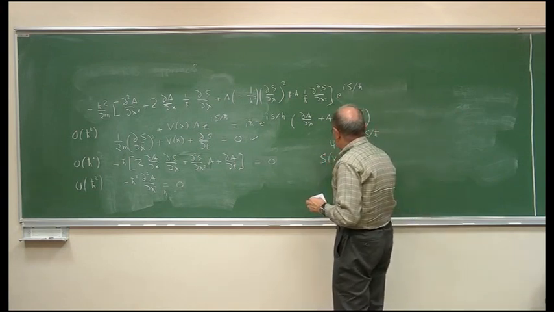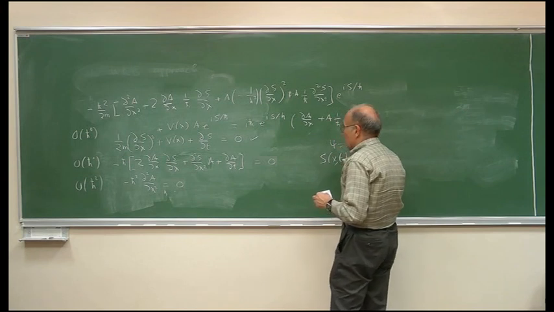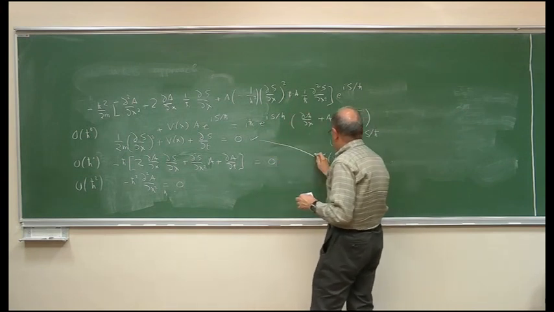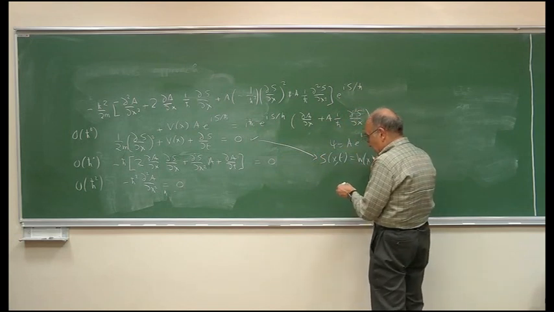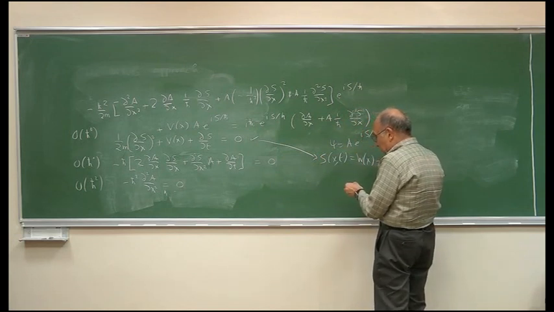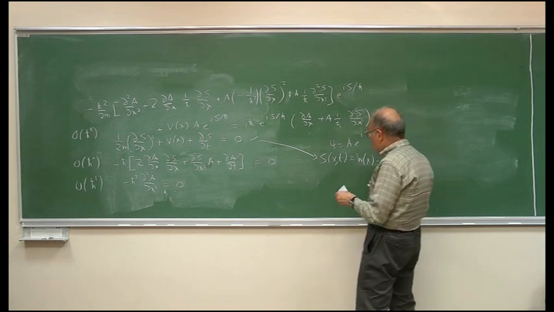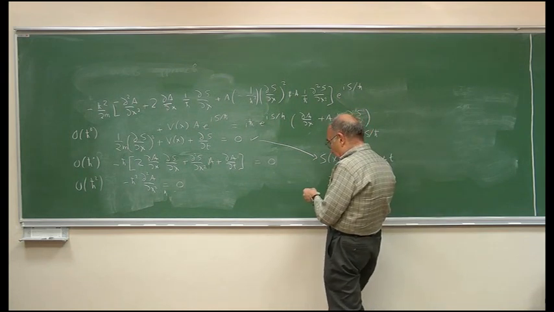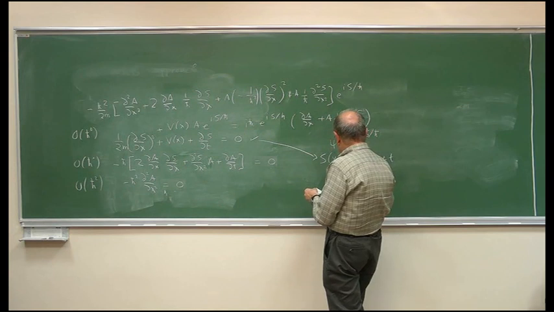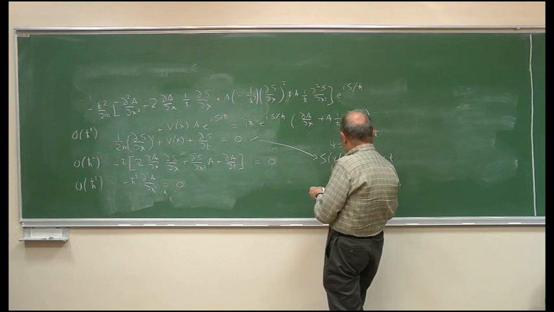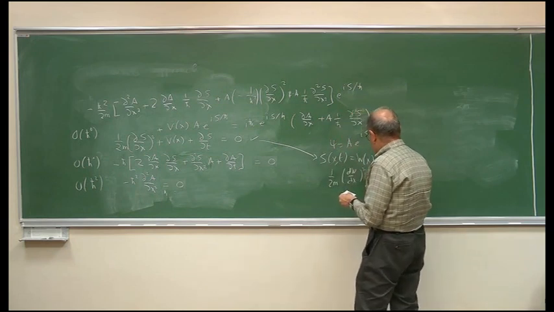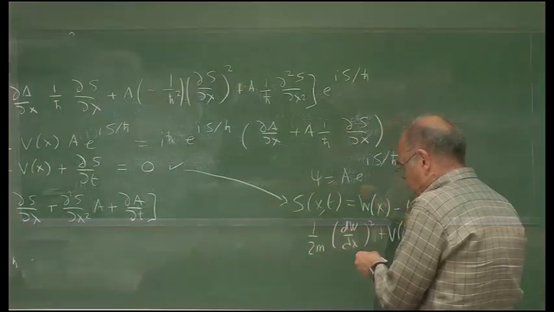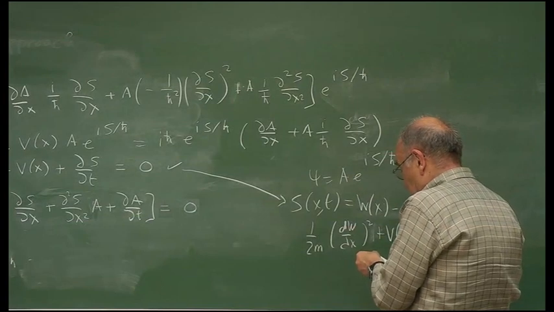Usually, we separate like this: S of x, t is, of course for this Hamilton-Jacobi equation, W of x minus Et, and then we get 1 over 2m times dW by dx squared plus the potential V of x is equal to the energy.